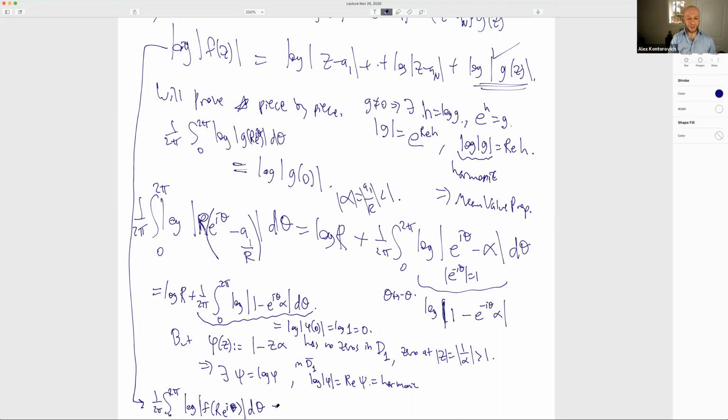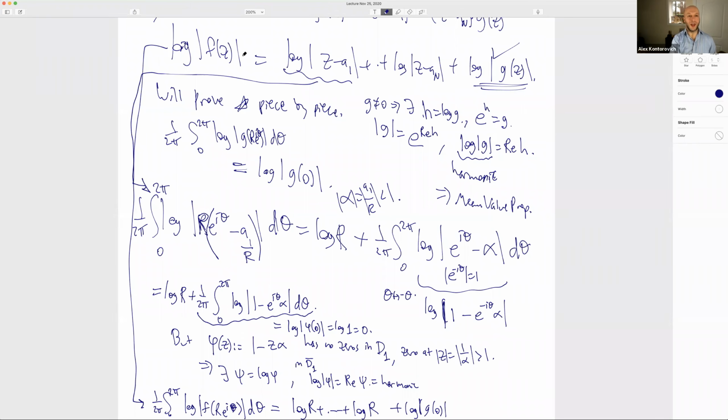Each of these terms, that's what we did here, contributes log r plus nothing. So that just contributes log r. Log r plus log r plus log r plus log r. So we have n of these factors of log r. So far, so good. The log of g term contributes log of g of 0.